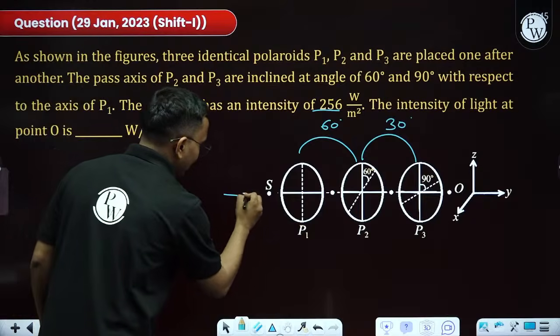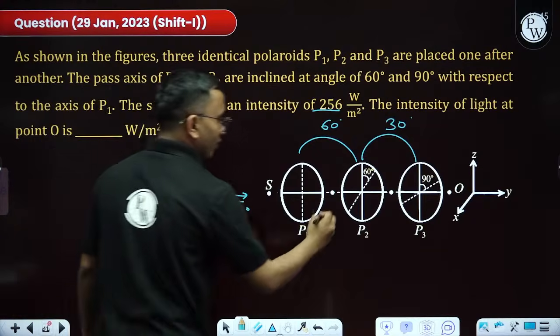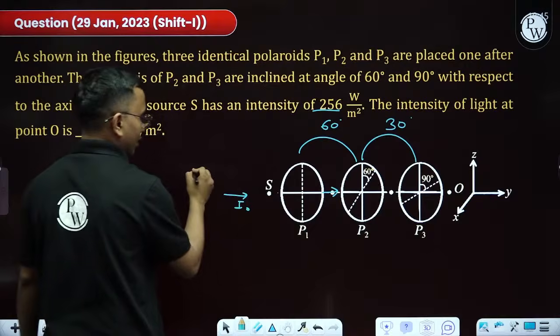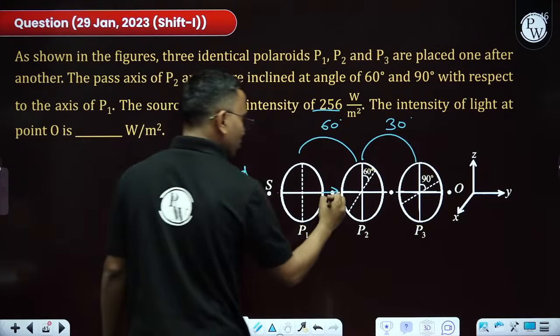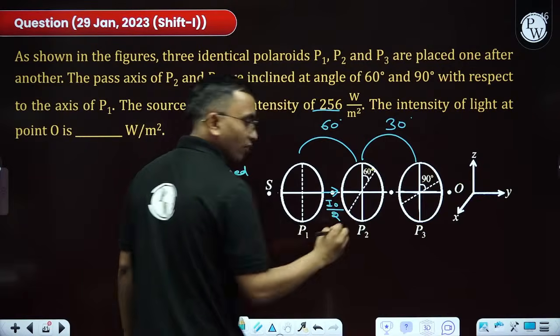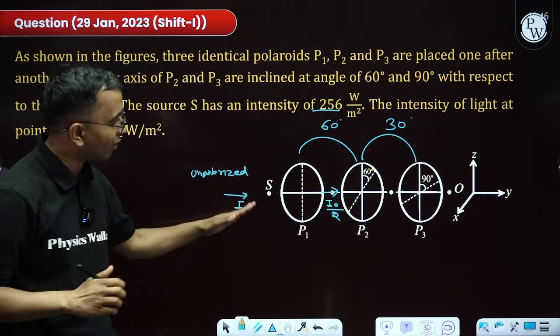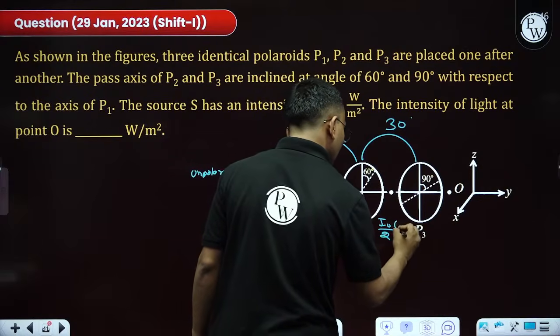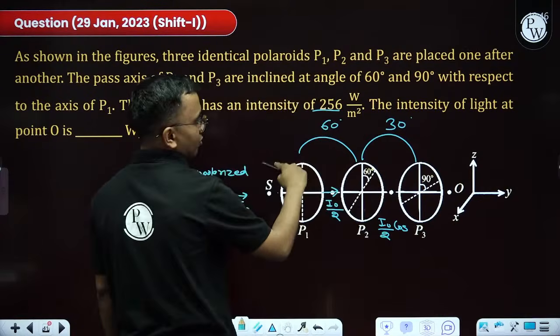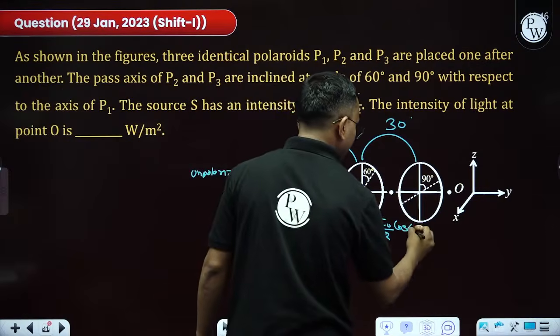Let us take the intensity here as I naught. This is unpolarized, so this will be I naught by 2. Half always. First it will become half. Then I naught by 2 cos square theta. The angle between these two is 60, so cos square 60.